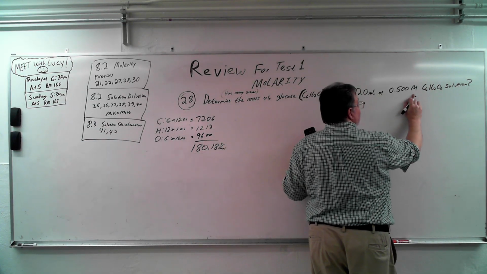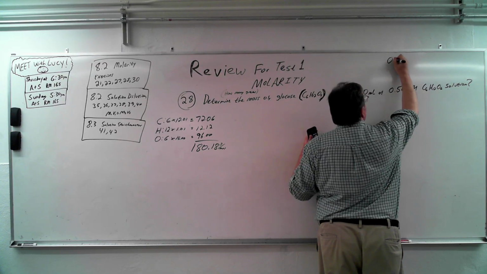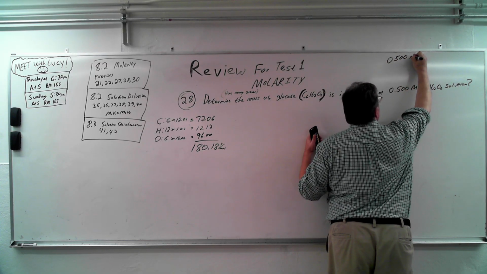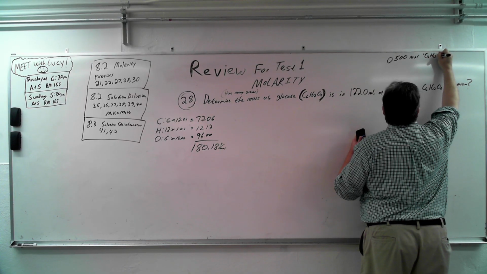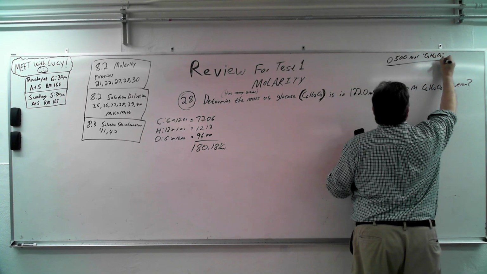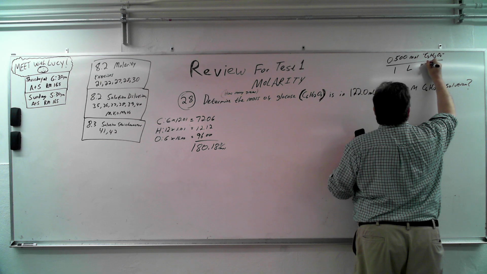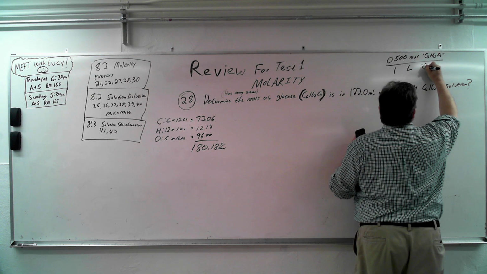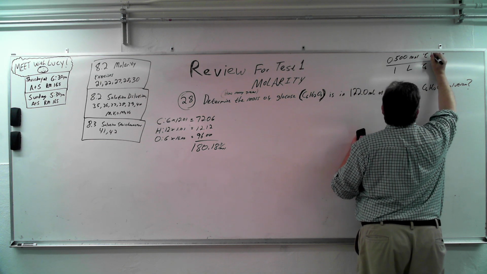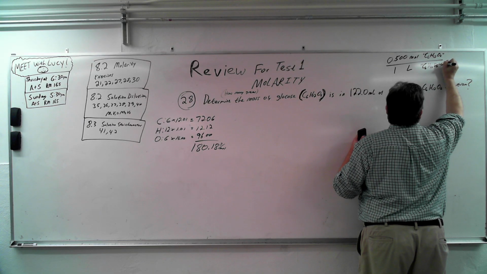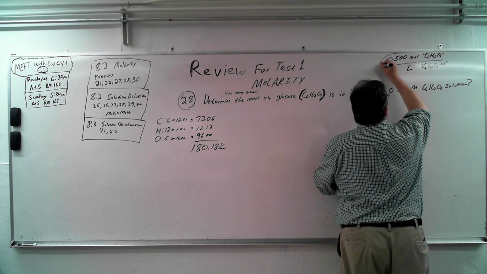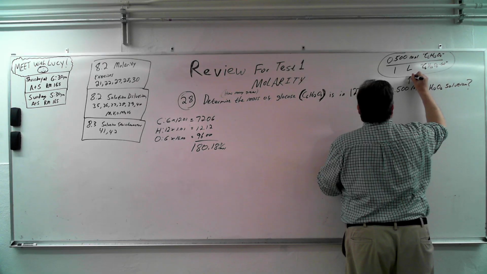You can go ahead and break this out more formally into 0.500 moles of C6H12O6 to 1 liter C6H12O6 solution. There's that.